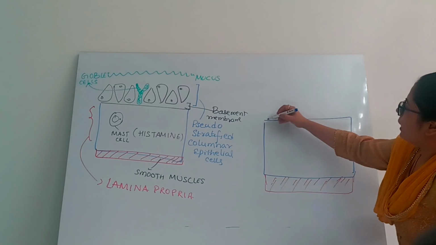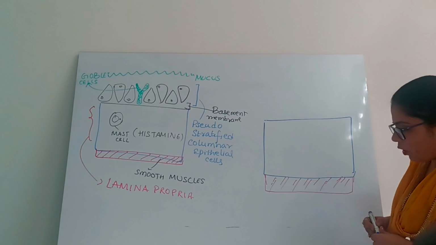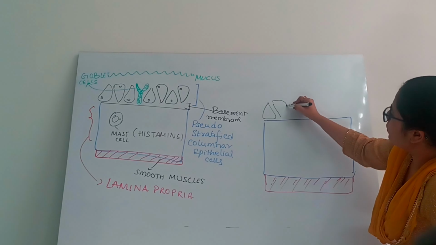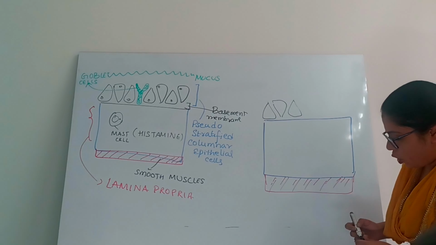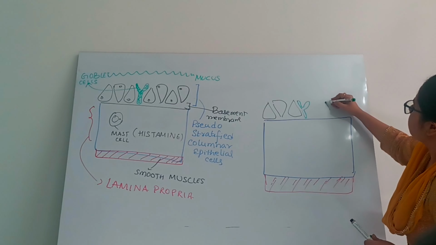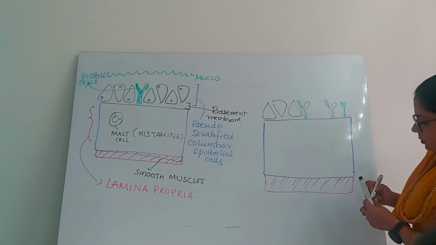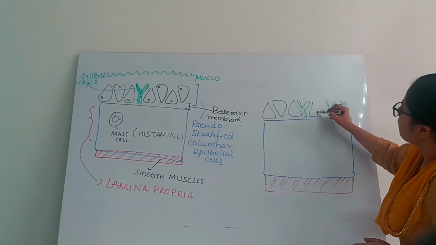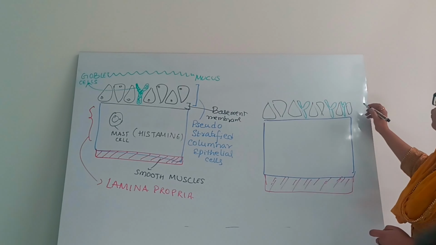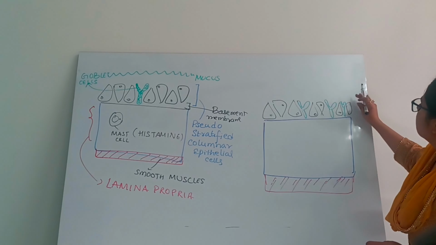In the case of an asthmatic person, first of all, the number of goblet cells starts to increase. Second, the epithelial cells also become larger in size in comparison to the normal cell.